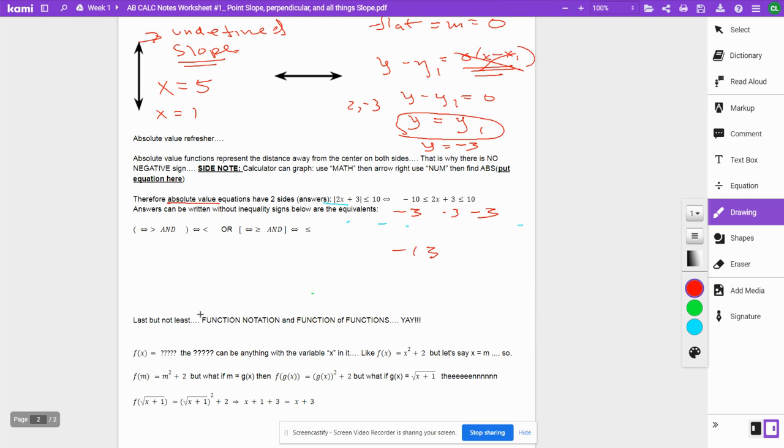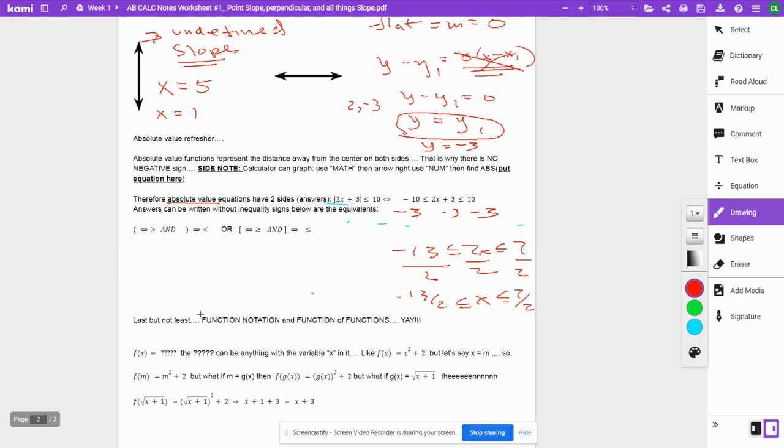So that's negative 13 is less than or equal to 2x, which is less than or equal to 7. Divide everything by 2 to get it all pretty. And so we get negative 13 halves is less than or equal to x, which is less than or equal to 7 halves. Okay, so you can use this type of notation, or you can use this notation.